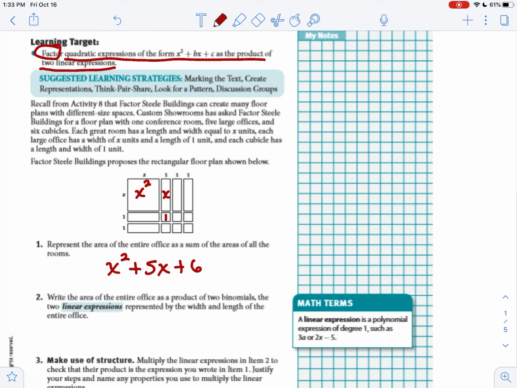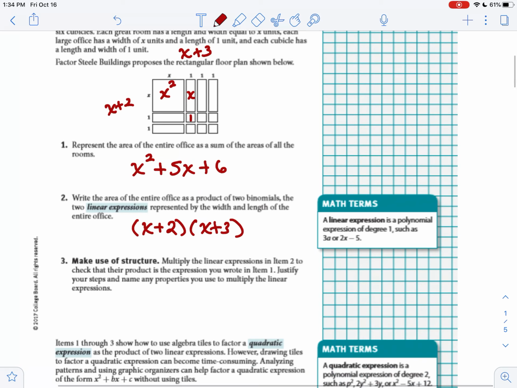Now that's the quadratic expression because it has an x squared. The area of the entire office as a product of two binomials or two linear expressions can be found by looking at the width and the length. So the width could be represented by x plus 2, and then the length would be x plus 3. Okay, so if we write those out as a product of two binomials, x plus 2 times x plus 3, we should be able to FOIL to show that they are the same.